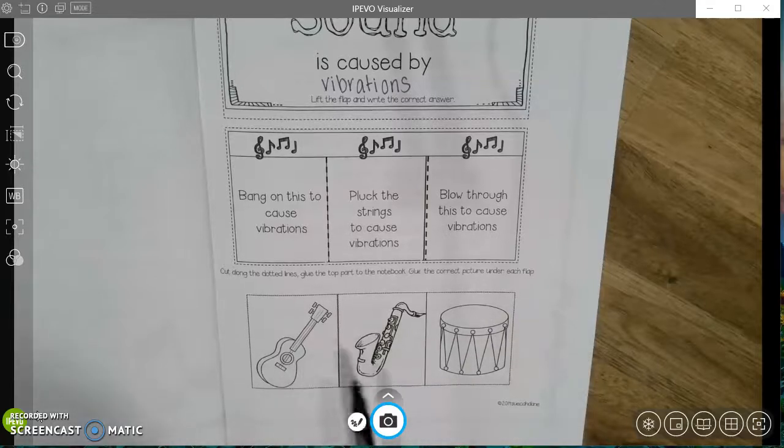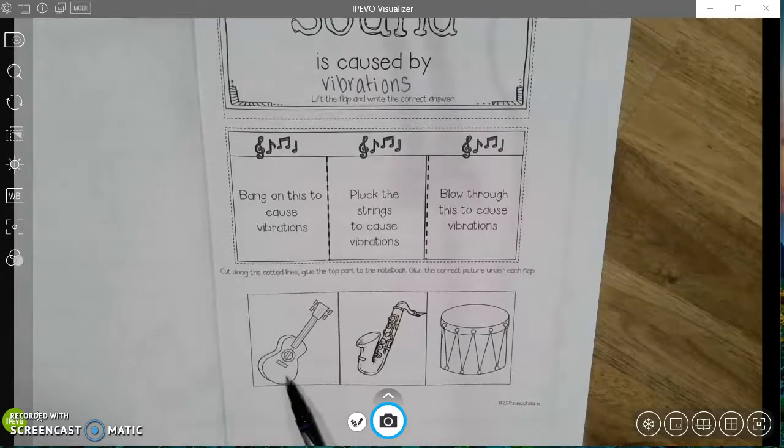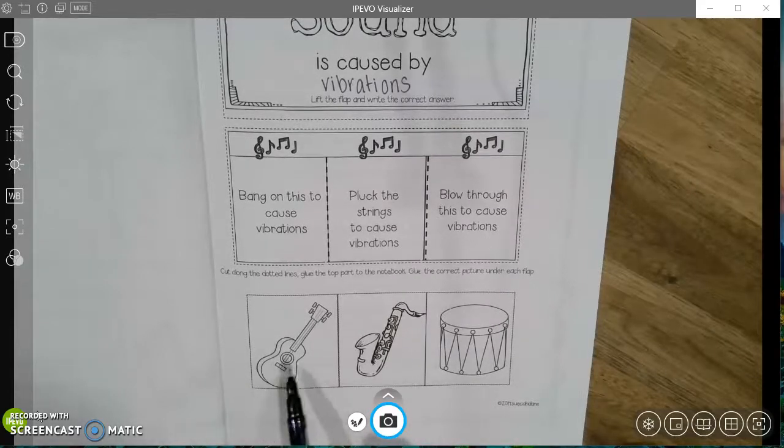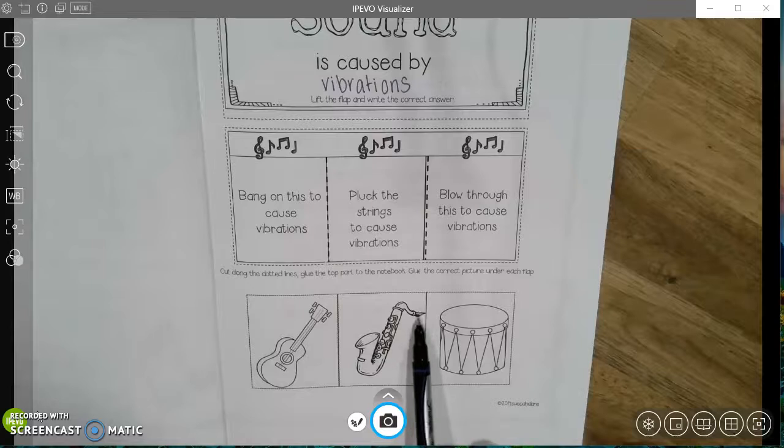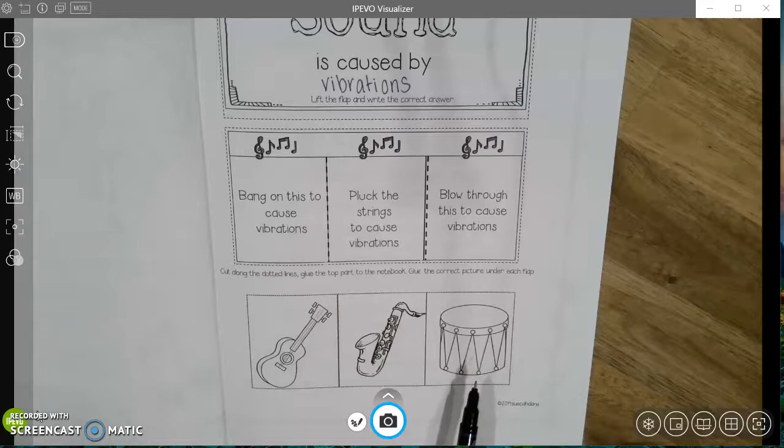So we have a guitar, a saxophone, and a drum. A guitar is played by strumming the strings, right? A saxophone, you have to blow air through the mouthpiece and then your fingers push down the keys. And then a drum, we use drumsticks and we bang on it, right?